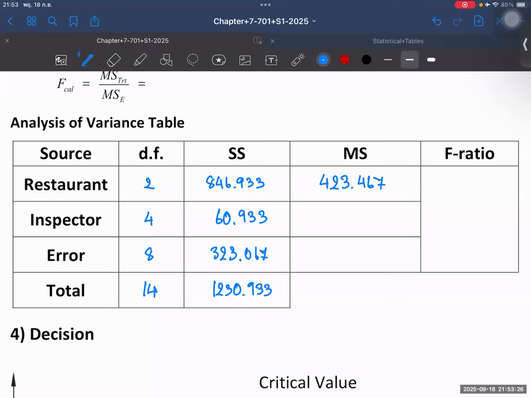423.467, and we have the mean square block divided by 4, which is 15.233. Okay, and the mean square error.